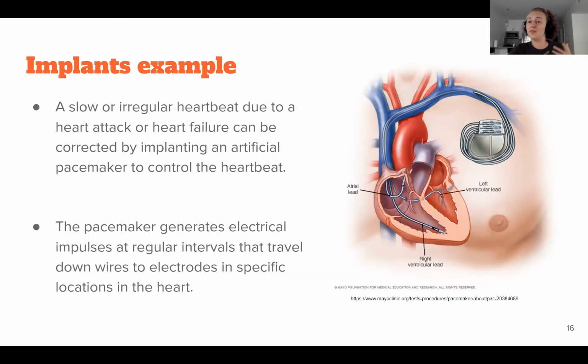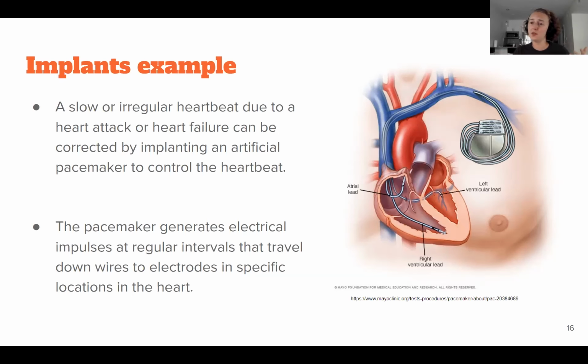It could be moist if it's in the blood or in the stomach. There could be movement, for example, in the heart that is constantly contracting. We want to choose materials that aren't brittle, that aren't going to break. It needs to be able to be flexible. And there could be different pH values, again, depending on where in the body this implant is placed. You need to consider the pH. You want to make sure you choose materials that aren't going to rust or corrode.